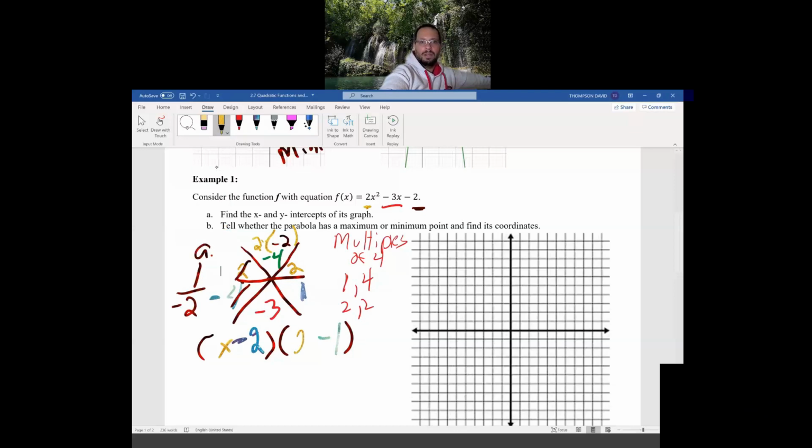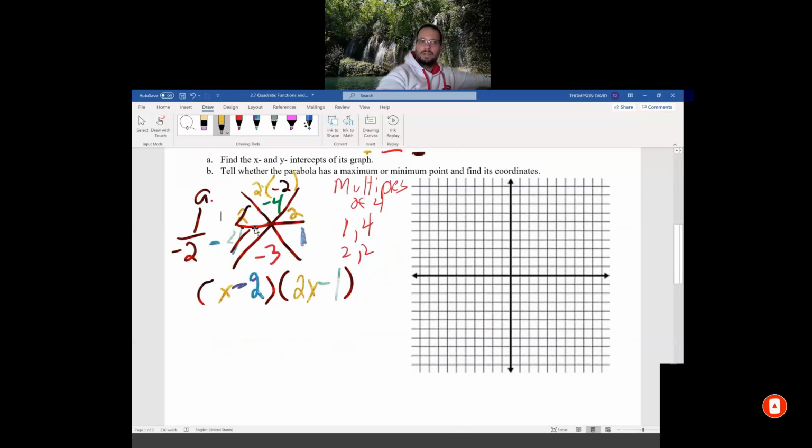So to get our zeros, all we can do is set each one equal to 0. So x minus 2 equals 0, and 2x minus 1 equals 0. This one's easier, so I'll just add 2 to both sides. We'll get x equals 2.